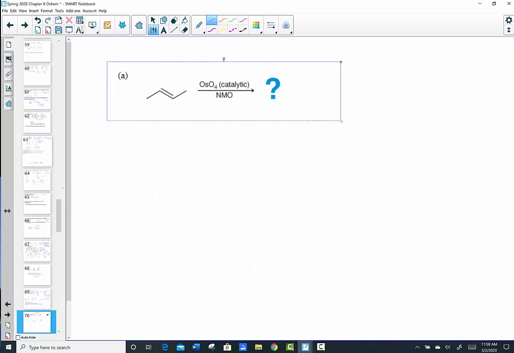So what is the outcome when I see osmium tetroxide? That double vowel is sometimes alleviated and you just say tetroxide. Well, it's a syn addition where the hydroxyl groups are going to add in the same fashion.